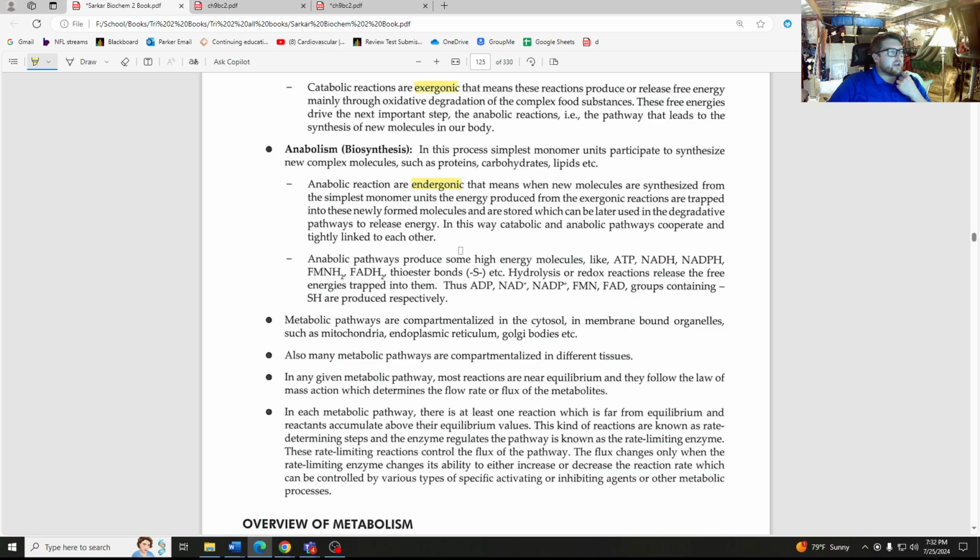In this way, catabolic and anabolic pathways cooperate and are tightly linked to each other. This is kind of like that graph that we saw way back when we talked about energy, where you have a paired reaction. You have an exergonic reaction that's paired with an endergonic reaction. So the exergonic reaction can release energy, so that the endergonic reaction can grab that energy and put it to use in order to synthesize stuff.